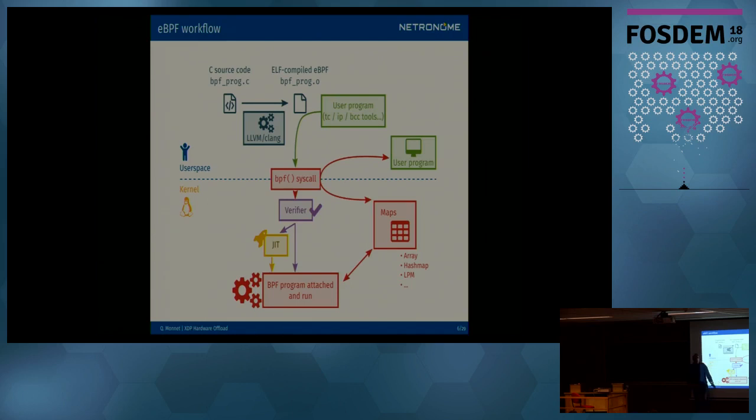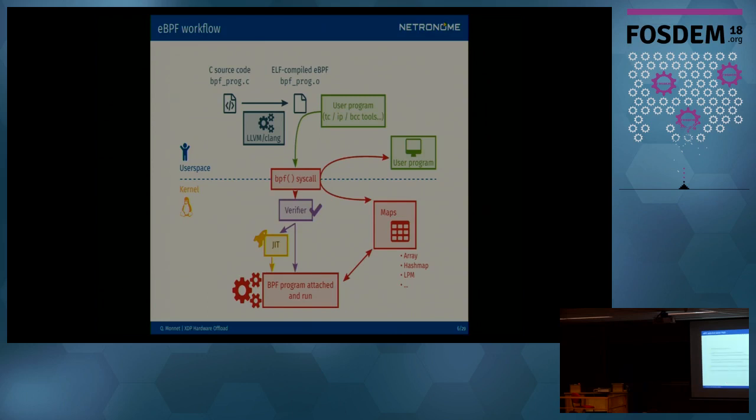And once it's loaded, I can attach it to, in this example, TC by using another call to the BPF syscall. And I can interact with maps, possibly from user space, if my program uses maps, again with that BPF syscall. And so that's the basics for BPF with TC.